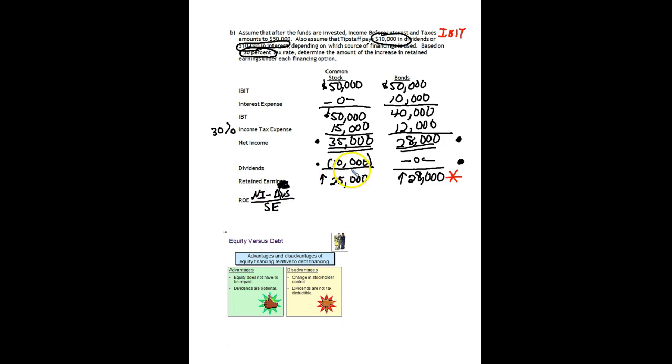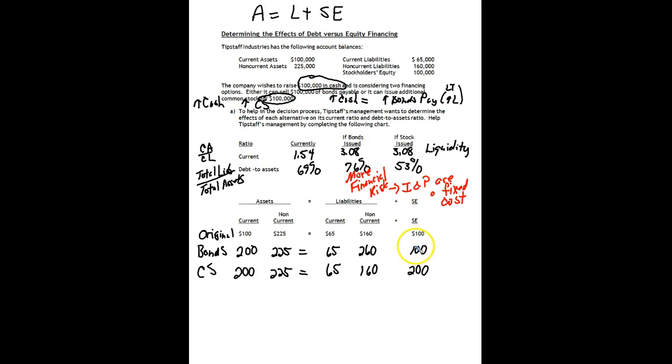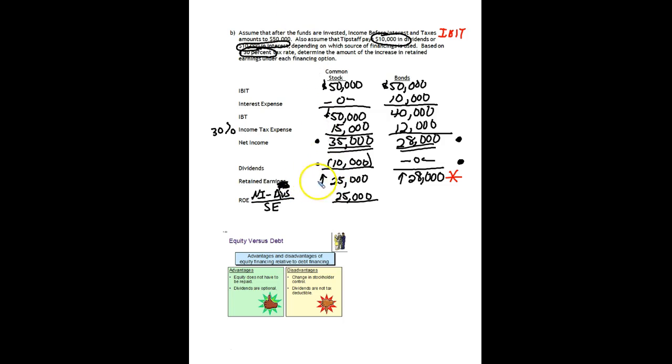Okay, so net income minus dividends, 35 minus 10, so we would have $25,000. Stockholders' equity under this option, if I issue stock, is $200,000. But keep in mind, retained earnings went up 25, so it's actually $225,000.